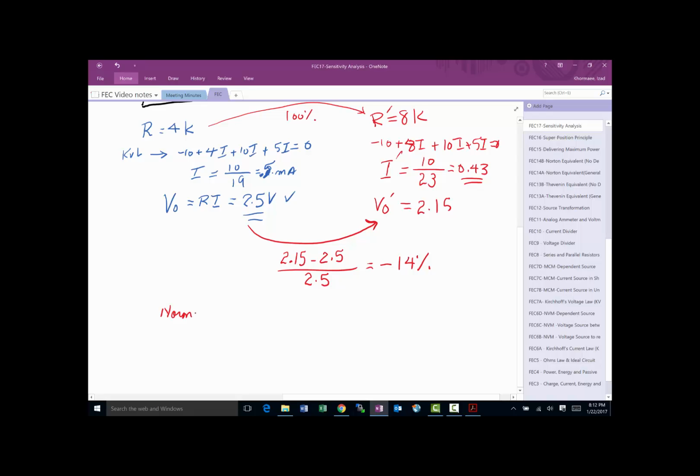Now, if we want to know the normalized sensitivity, and of course this is how sensitive V out, the response, is with respect to R, all we do is take the minus 14% and divide it by 100%.